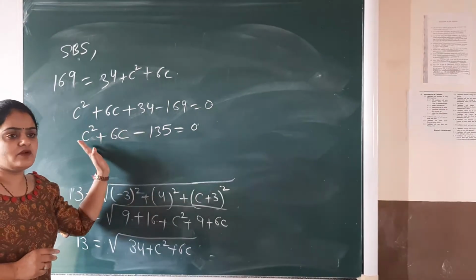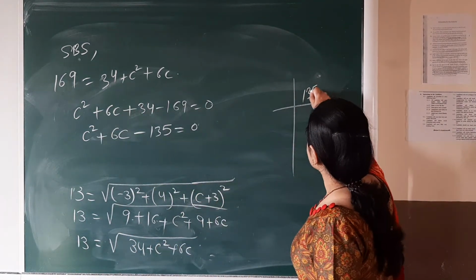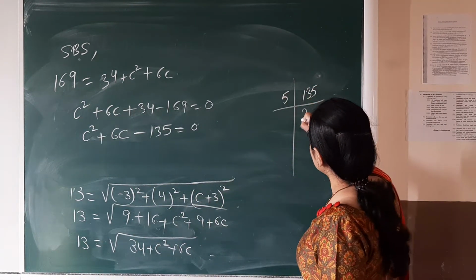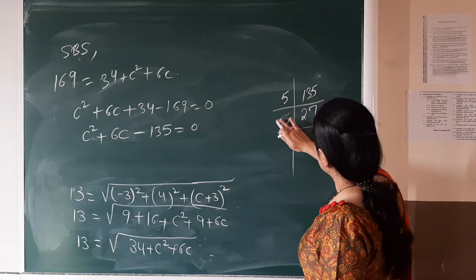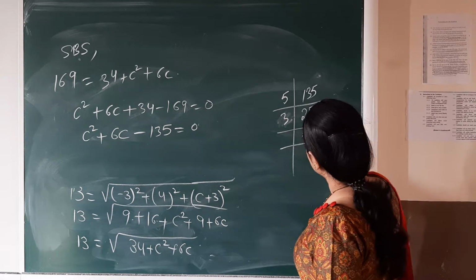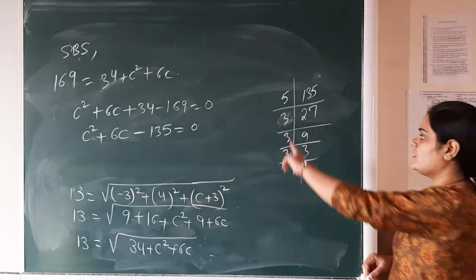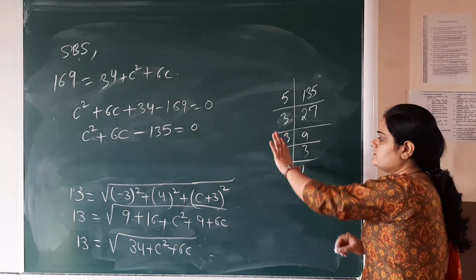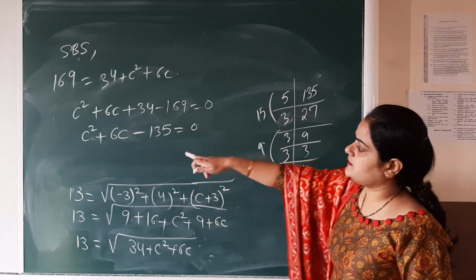Finding the factors, we have to do middle term splitting. 5 2s are 10, 5 7s are 35, 3 9s are 27, 3 3s are 9 and 3 1s are 3. Now the factors are 5, 3, 3, 3. 3 3s are 9 and 5 3s are 15. 15 minus 9 is 6.